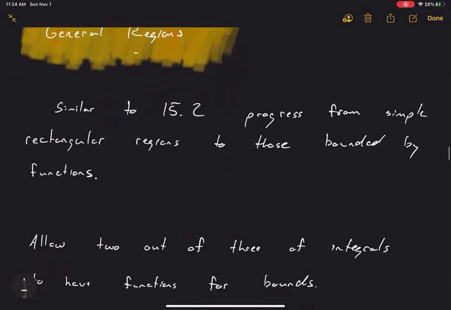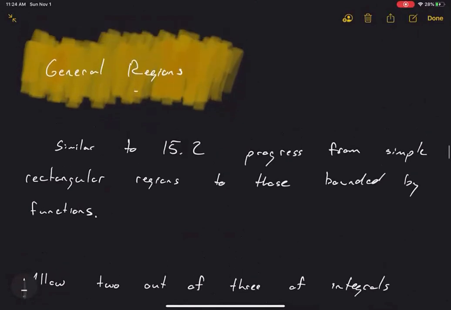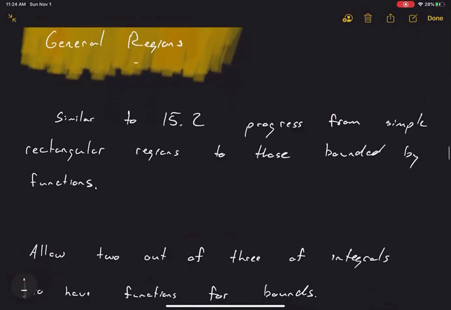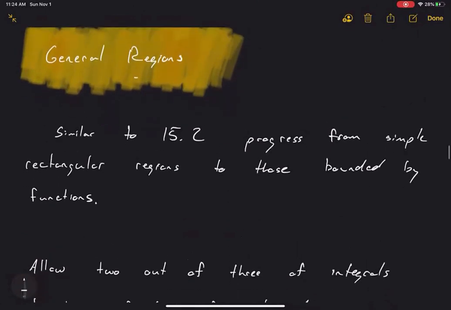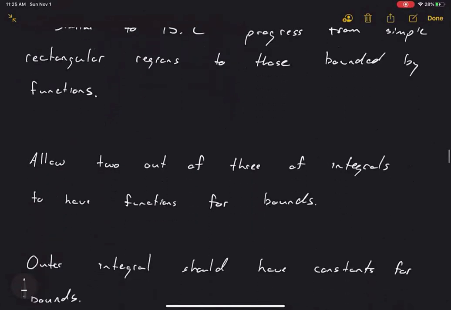This is similar to 15.2 when we kind of increased the difficulty a little bit. Instead of integrating on just rectangular regions, we started having regions where we had functions in our bounds of our integral. So we have the same concept here, and we move from the simple boxes to the more complicated regions.